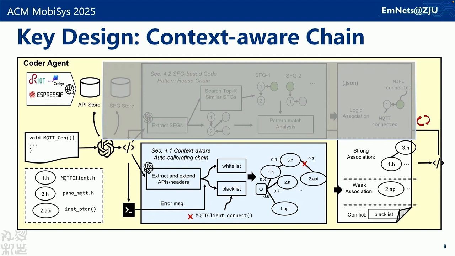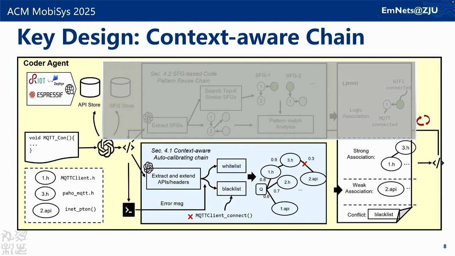For example, MQTT connect is suitable for Linux, whereas IoT OS uses different APIs. So MQTT client connection conflicts with other APIs. Then strong association relationships. For example, MQTTClient.h and PahoMQTT.h must be included together.